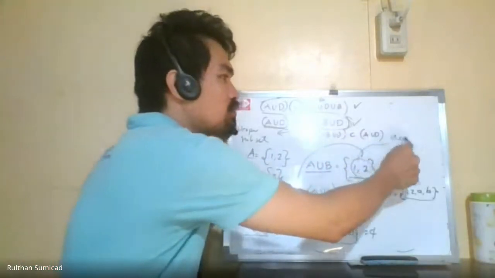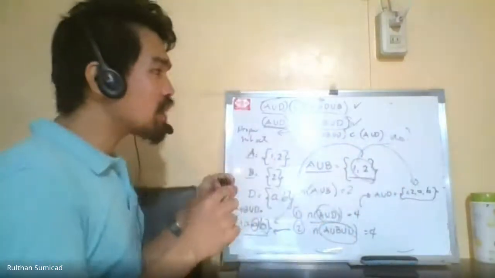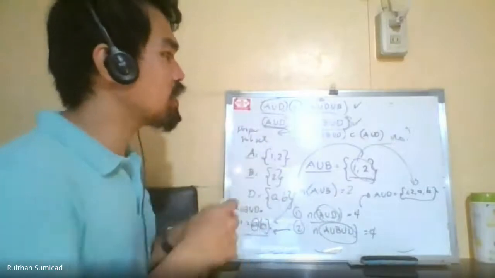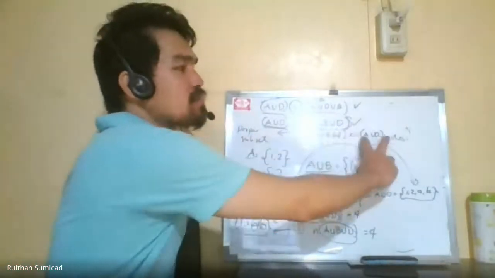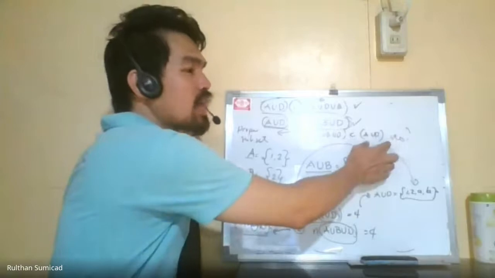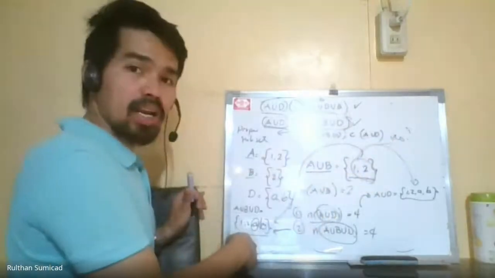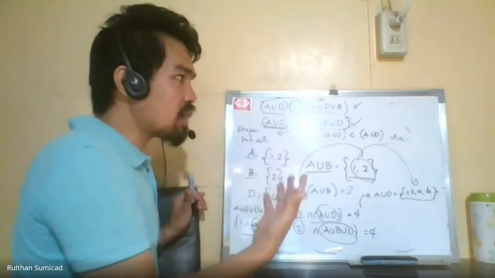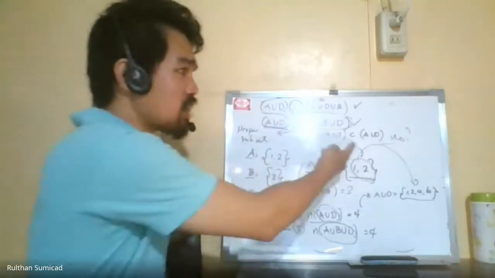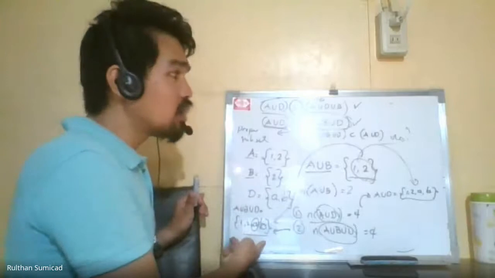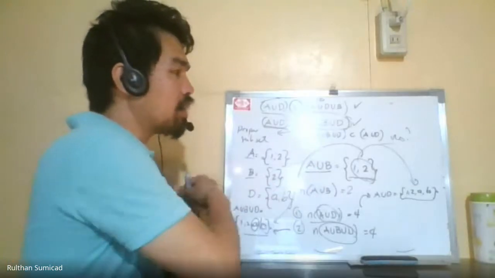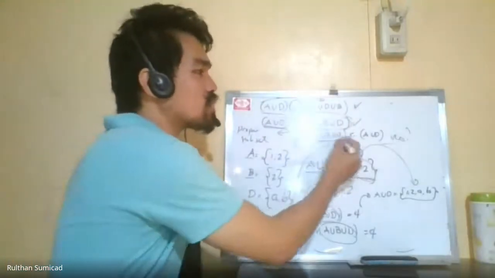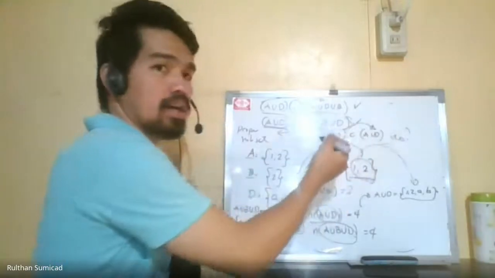The answer is no. Okay? Why? Because by definition, for this set to be a proper subset of this set, it must contain an element that is not found in here. Did you get me? But in this scenario, you notice that this set is quite bigger than this one.